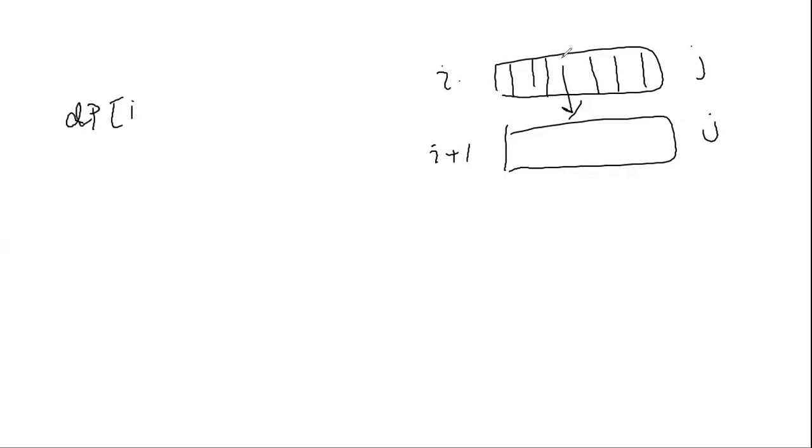DP[I+1][J] is equal to what in terms of I, J? You can consider that not I plus 1, let's call it I. Yeah, it's fine.